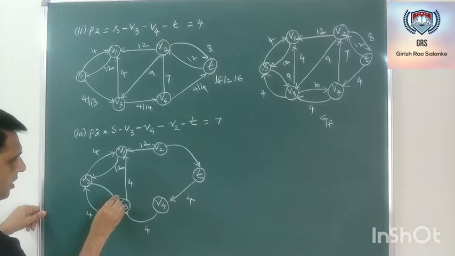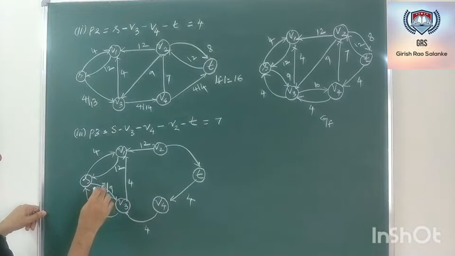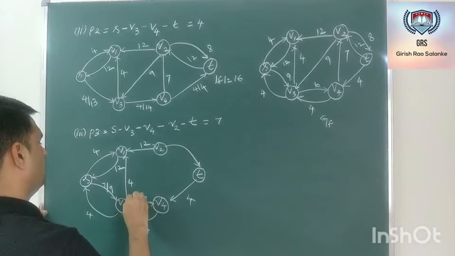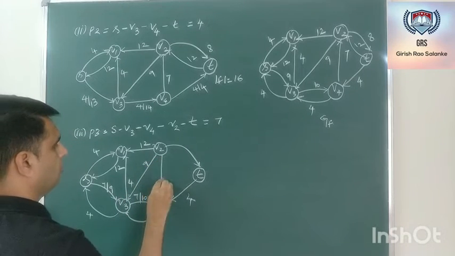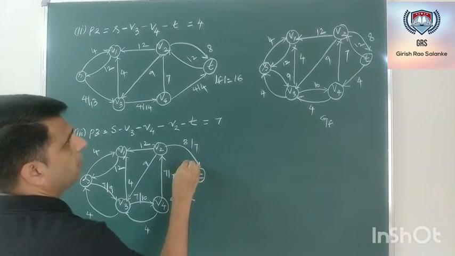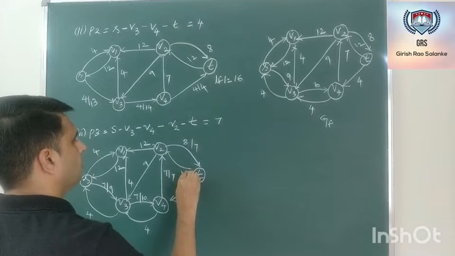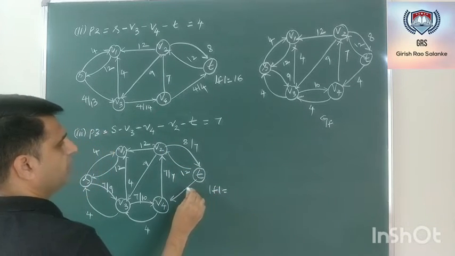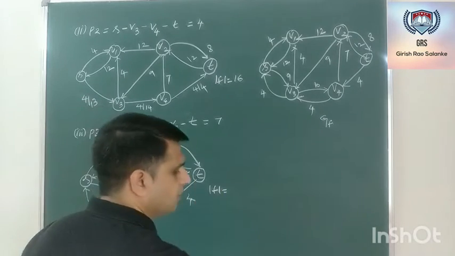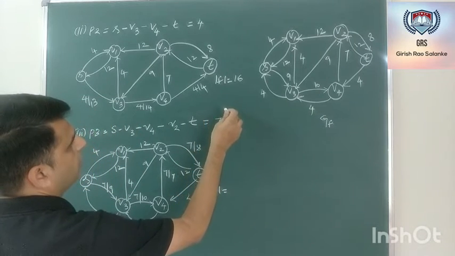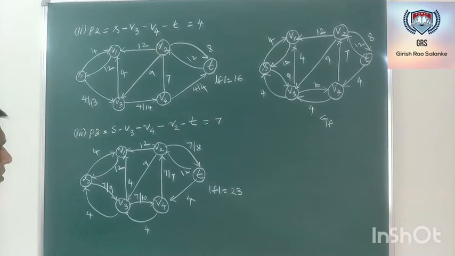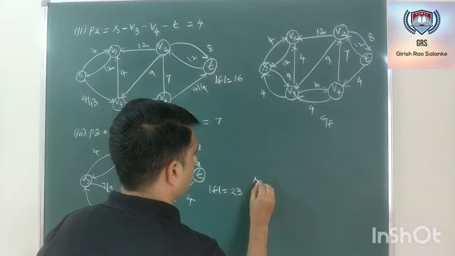Now on this forward edge from S to V3, I should take the bottleneck capacity as 7: 7 of 9, 7 of 10, 7, 7, 7, and this is 8, 7. This is 12. Now what I have done, the flow is being increased by 7. It was earlier 16, 16 plus 7, 23. Now write the residual graph once again.